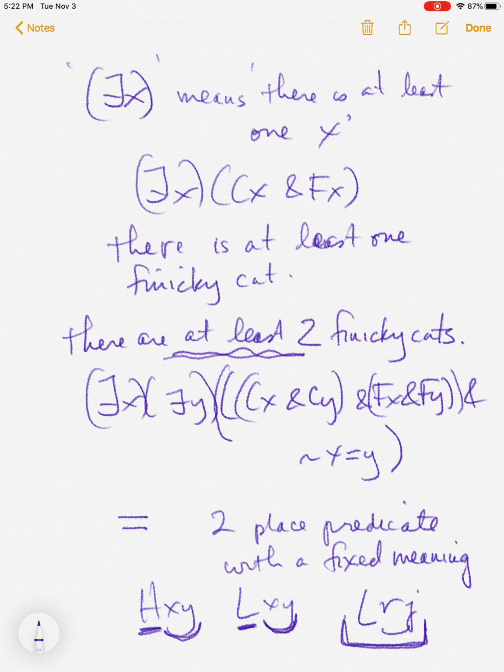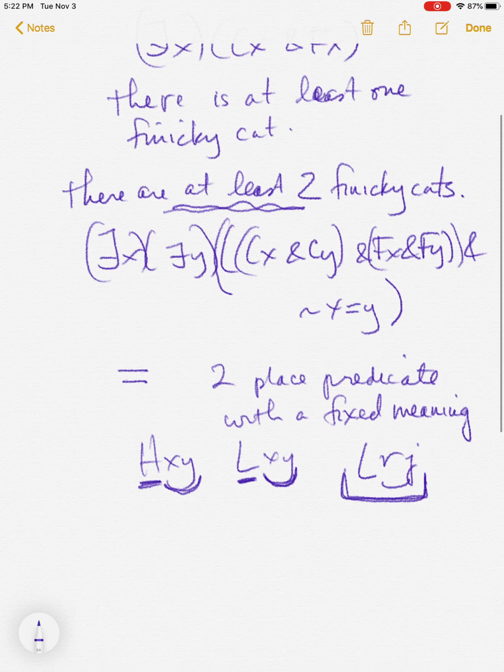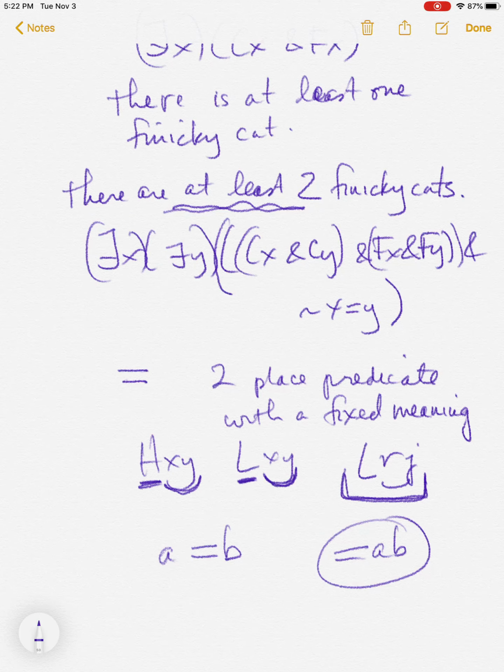The predicate prefixes them. But with identity, we put the identity sign, which is a two-place predicate, in between. I mean, we could do this, and that could mean that a is identical with b. But we do this instead. So it's the only two-place predicate that we put in between the two individual terms rather than prefixing it to them.